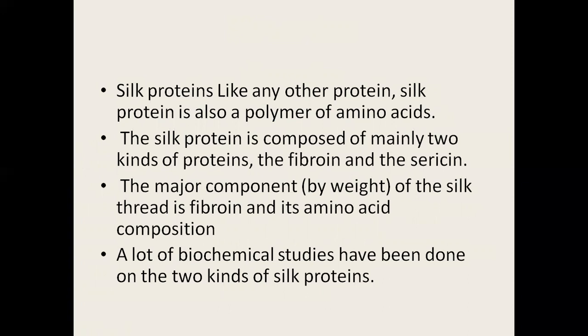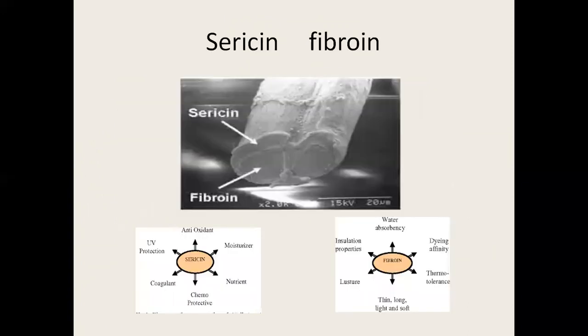A lot of biochemical studies have been done on the two kinds of silk protein. The fibroin threads are the proteins covering the sericin protein. The sericin is an antioxidant, moisturizer, nutrient, chemoprotective, coagulant, and provides UV protection.